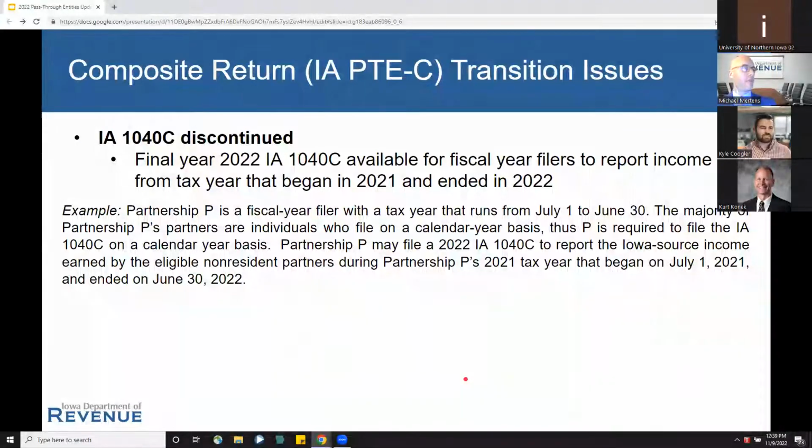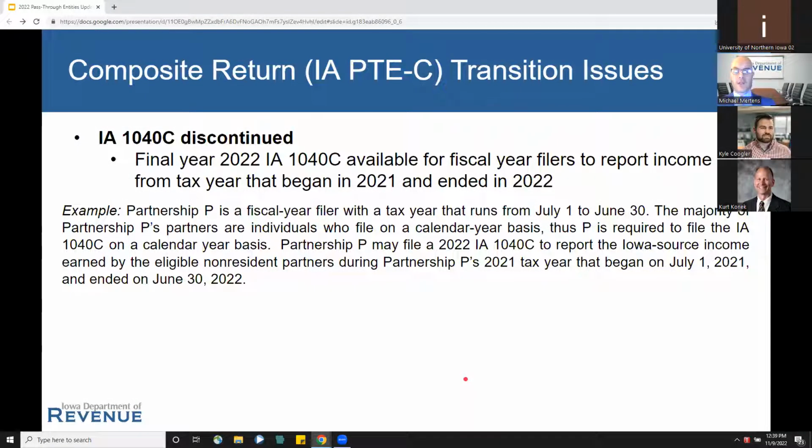A majority of the partnership's partners are individuals who file on a calendar year basis. So under the old composite return law, the partnership, if it chose to file a composite return, was required to file that on a calendar year basis. That was the majority of its owners' tax year.